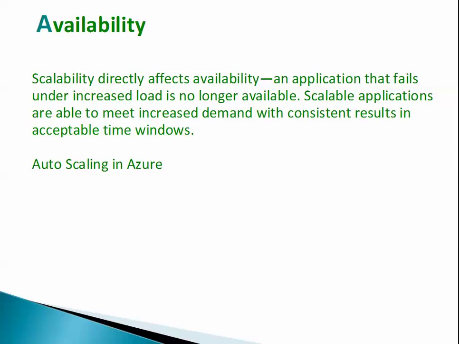So auto scaling is scaling in a horizontal way, not vertical. We can increase the instances, but we cannot increase the size. If you want to increase the size of the virtual machine, then we need to go for another deployment. In the Azure portal itself, we cannot manage that, and there is no way we can handle that dynamically. Increasing the size of a virtual machine means increasing RAM and so on.